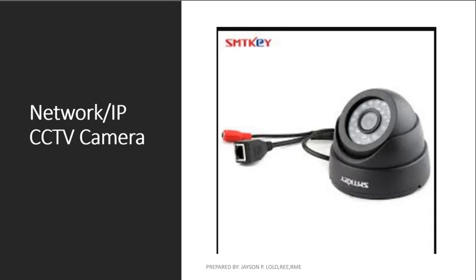The common one is the network IP CCTV camera, which is readily available everywhere in the market. These cameras are both hardwired and wireless, transmit images over the internet, and often compress the bandwidth so as not to overwhelm the web.